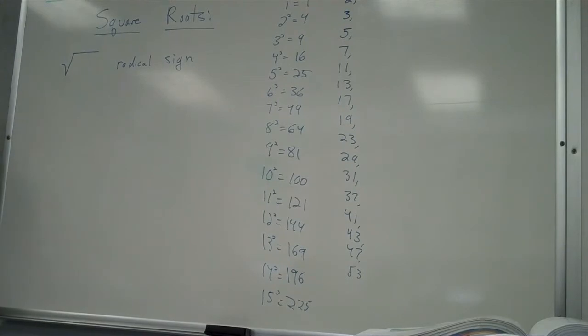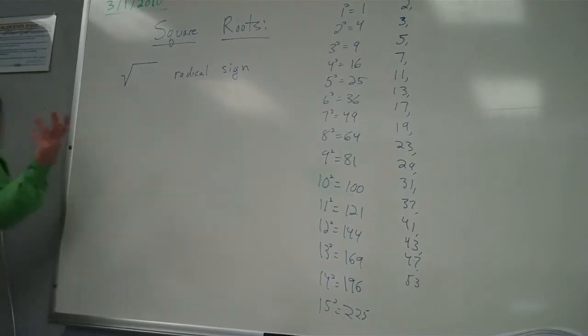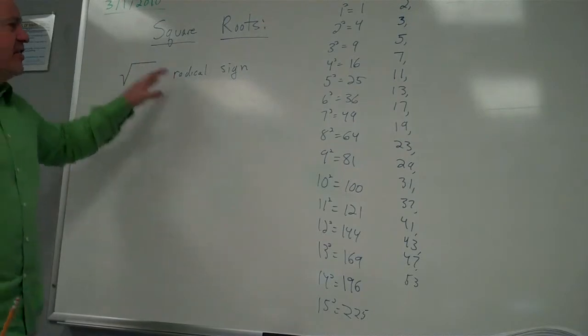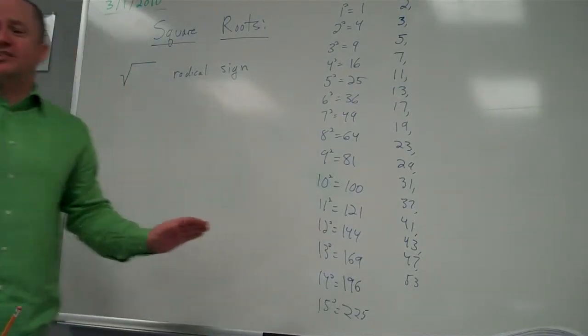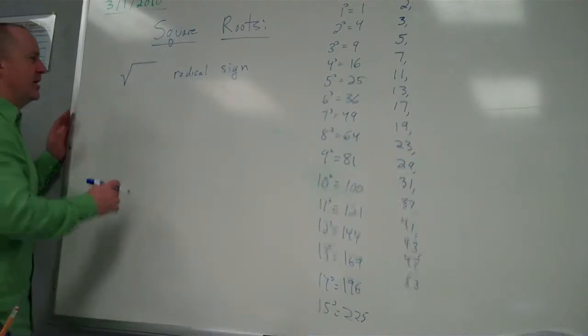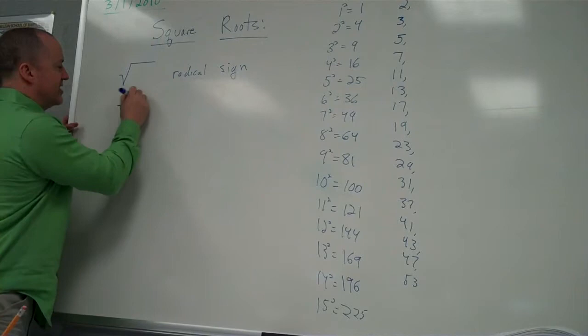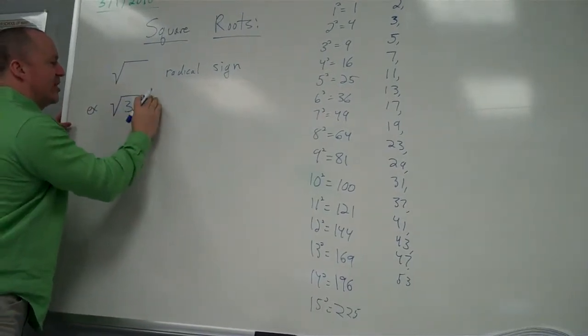Now, the radical sign is the operation, like adding, subtracting, multiplying, and dividing, sort of. We're going to consider this the operation that reverses squaring. It reverses squaring, and it's got some rules to it. The simplest way to do it is, by example, if I ask what is the square root of 36?